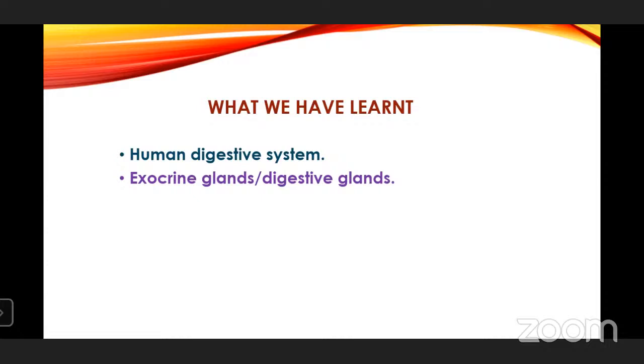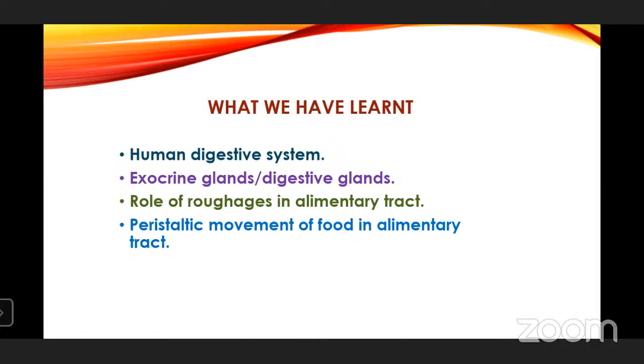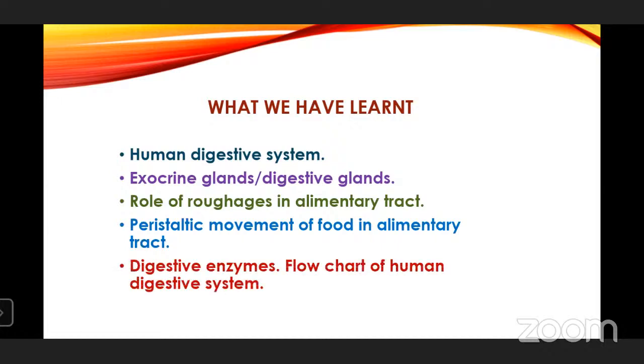Heterotrophic nutrition in amoeba, nutrition in paramecium, and also nutrition in human beings. Heterotrophic living organisms, exocrine glands and digestive glands, the role of peristaltic movement of food in the alimentary tract, digestive enzymes, flow chart of the human digestive system.